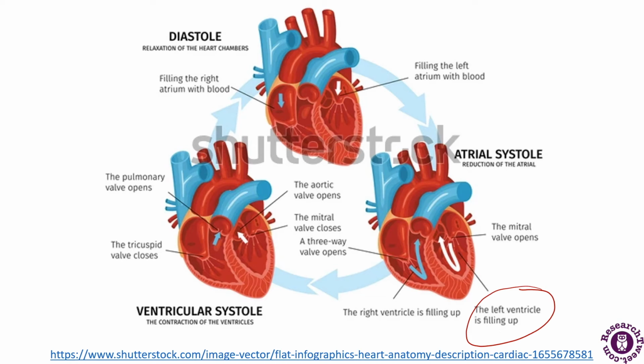The tricuspid valve opens in this case. Then the ventricular systole, where the contraction of the ventricles takes place, and diastole, which is the relaxation of the heart chambers, where the right atrium fills with blood. So this is how a cardiac cycle works.